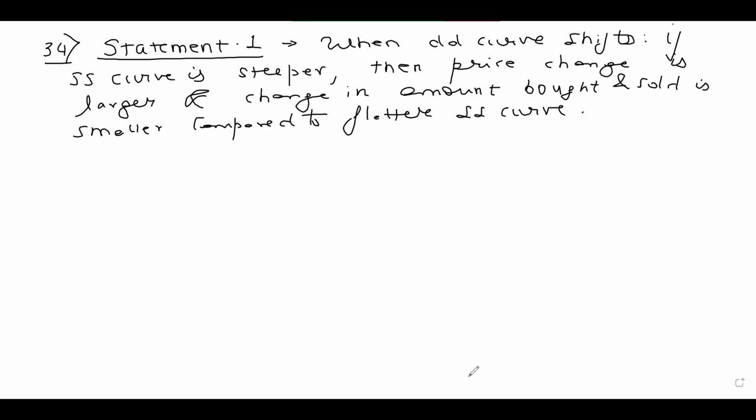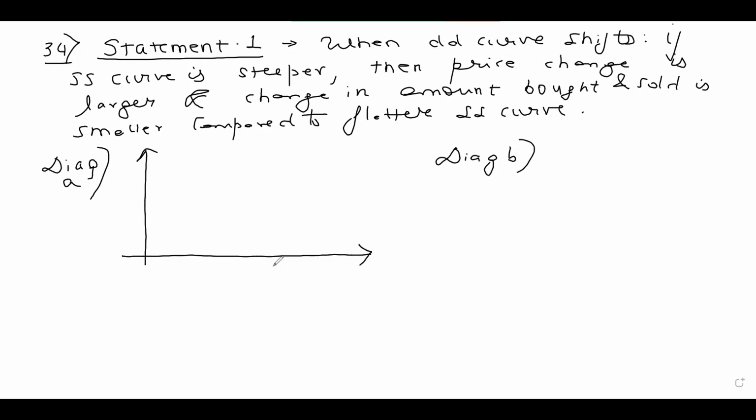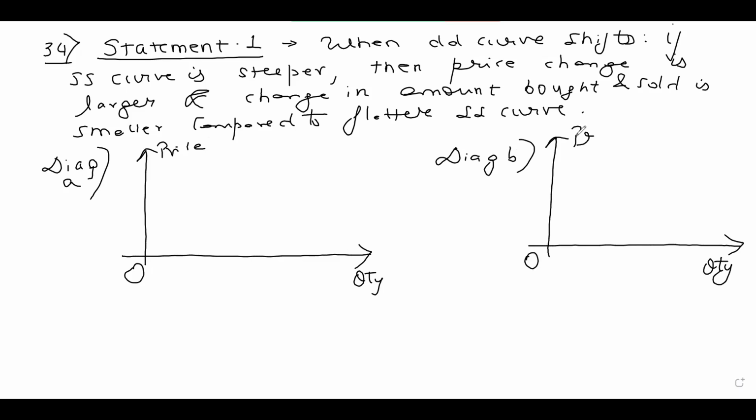Okay, so let's show this through diagrams. Let's look at two diagrams. This is diagram A, and then I'm going to draw diagram B here. So it's a normal demand supply diagram. We have quantity and price in both the diagrams. Now, in diagram A, let the supply curve be steeper.